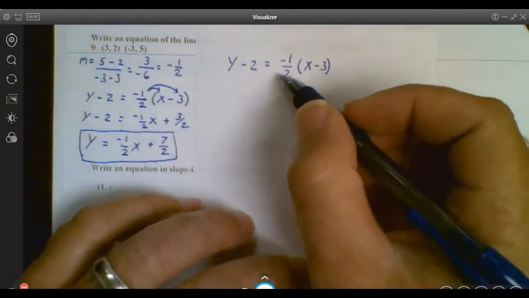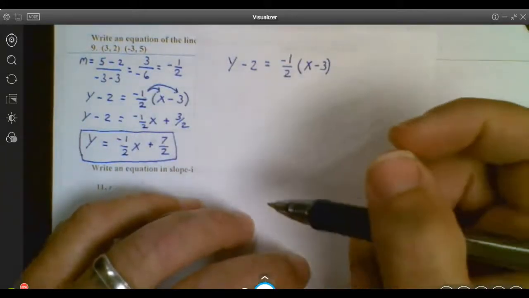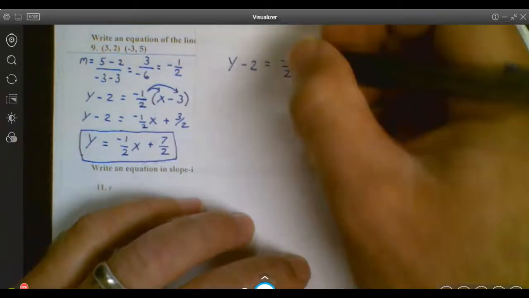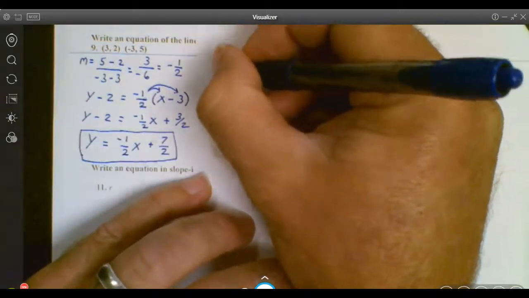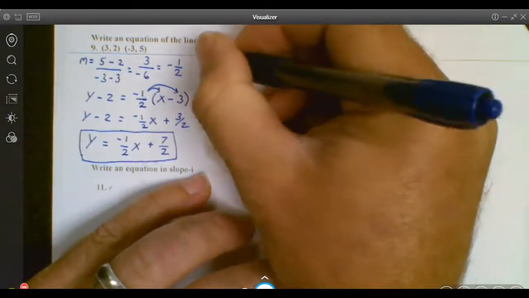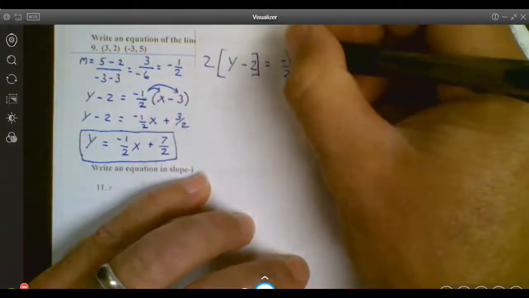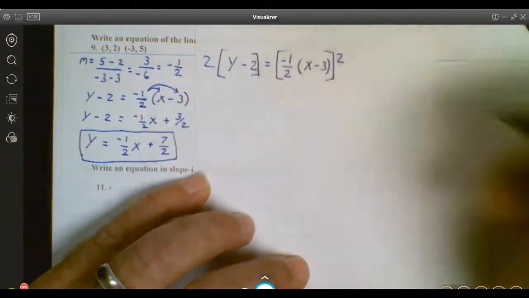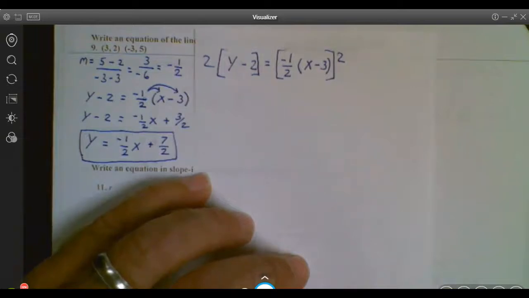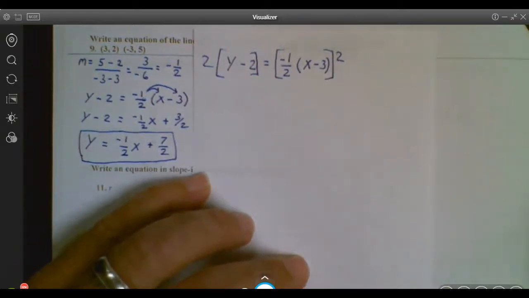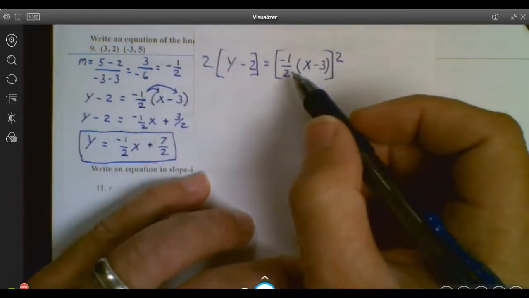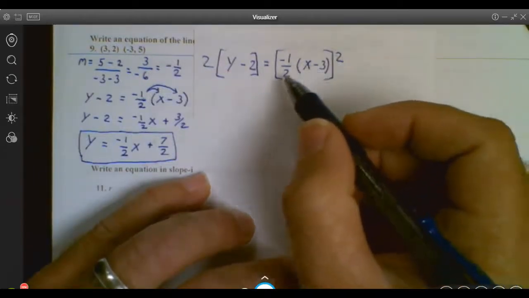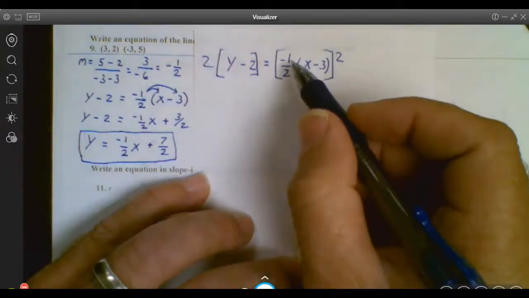I'm going to take whatever this number is, and I'm going to multiply it to both sides. So I'm going to multiply the left side by 2, and I'm going to multiply the right side by 2. All right, because remember, it's an equation. You can do whatever you want to an equation as long as you do the same thing to both sides. So I'm multiplying both sides by 2. Here's why. What's going to happen on this side? Well, my 2's would cancel, and I'm left with just the negative 1.